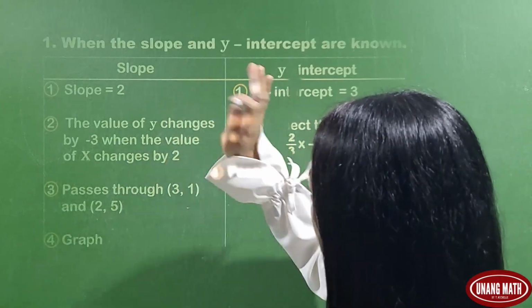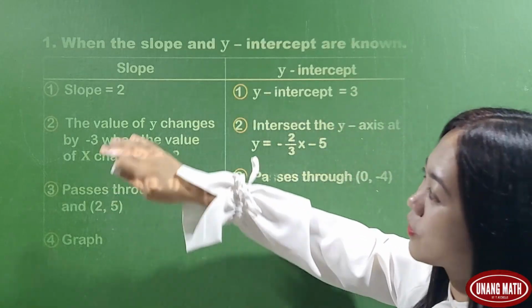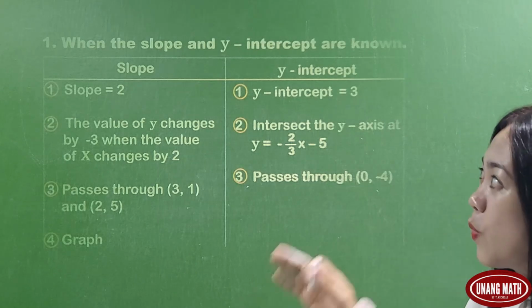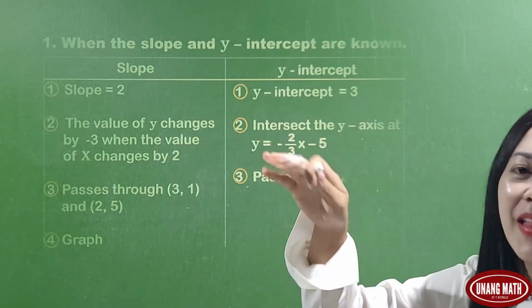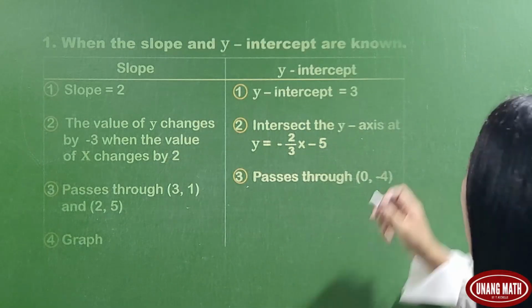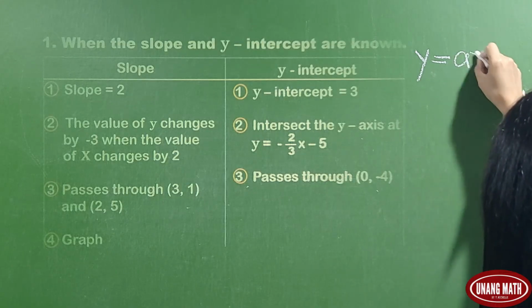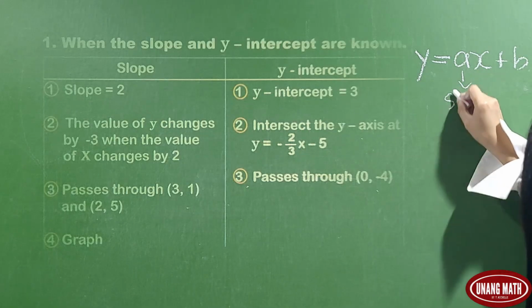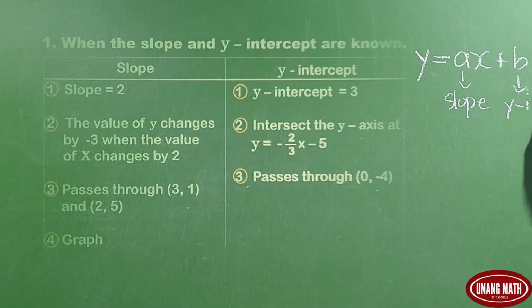Okay, if they directly give the slope and then the y-intercept, let's say the slope is 2 and the y-intercept is 3, then we will just substitute this slope and y-intercept in our linear function. So, a linear function is in the form y is equal to ax plus b. a is our slope and b is our y-intercept.